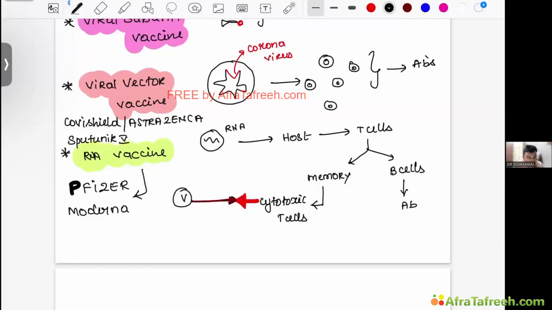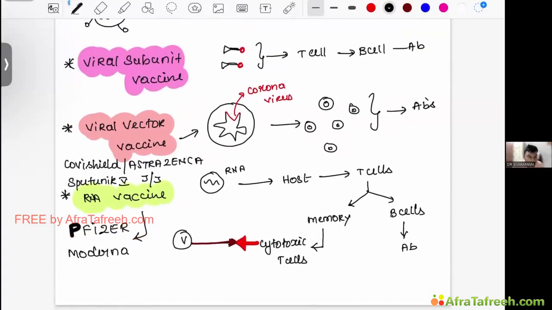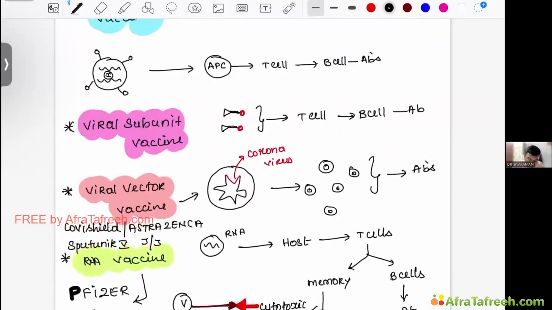Johnson and Johnson is again a viral vector vaccine.